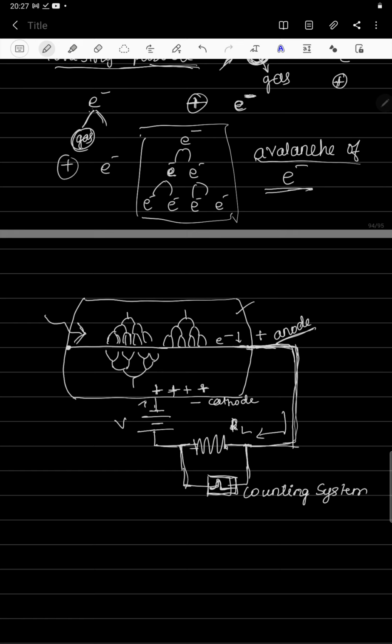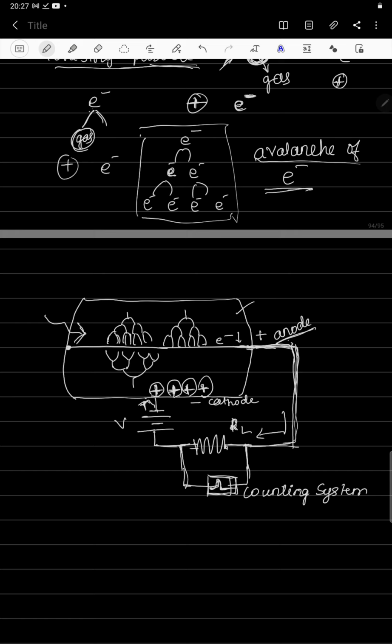These electrons are going to combine with the positive ions, and again neutral atoms are created, since the ions were in deficiency of electrons.